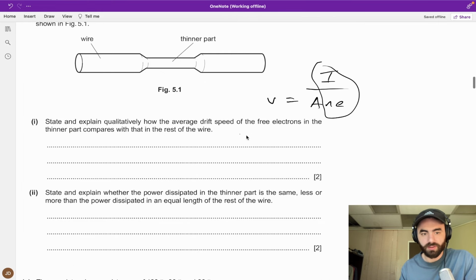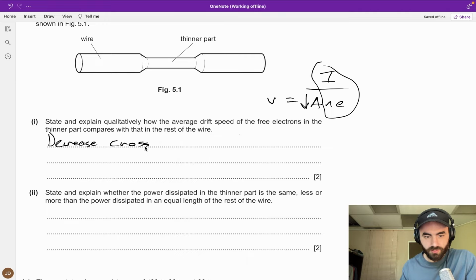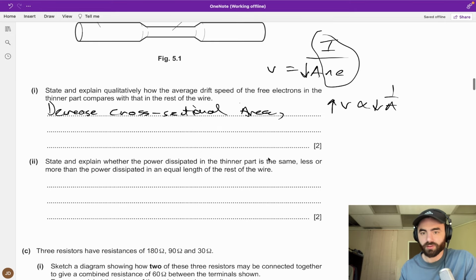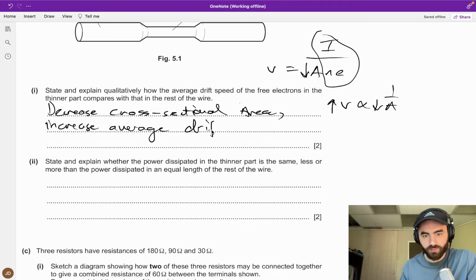Therefore, if we decrease the cross-sectional area, because they're inversely proportional to each other, we're going to increase the average drift speed. Therefore, we increase average drift speed.